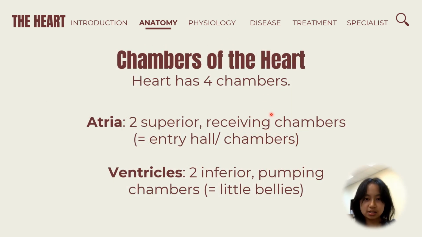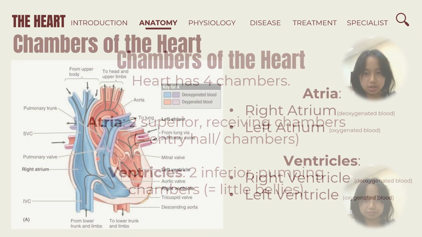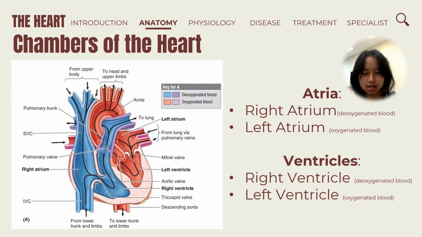Now, the heart has four chambers. The two superior receiving chambers are what we call the atria, and the two inferior pumping chambers are the ventricles. Looking at this, we have the atria, which are the right atrium and the left atrium, and the ventricles, which are separated into the right ventricle and left ventricle. The left side of the heart receives oxygenated blood, while the right side receives deoxygenated blood.